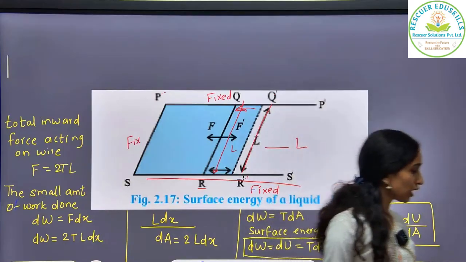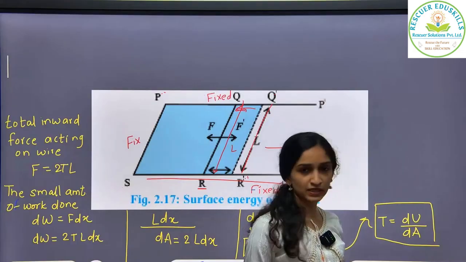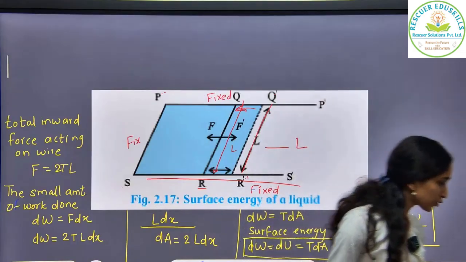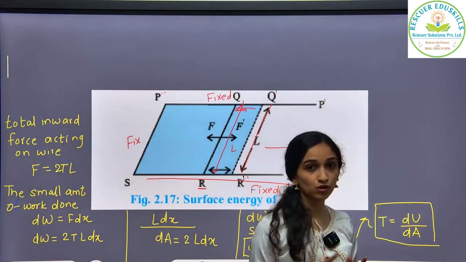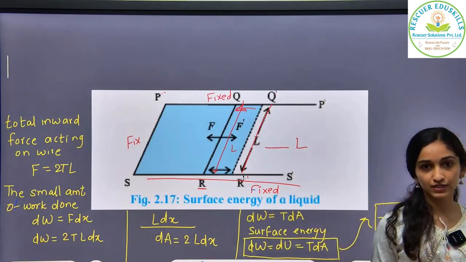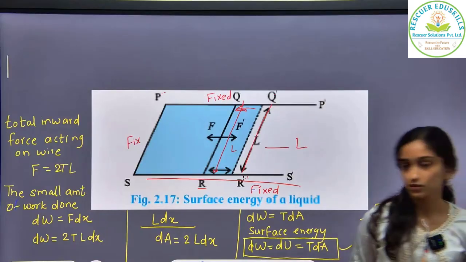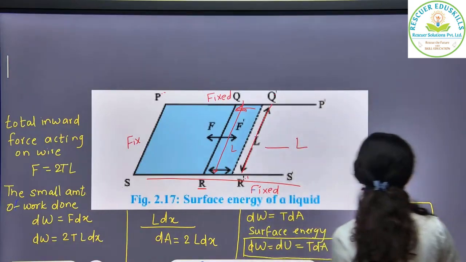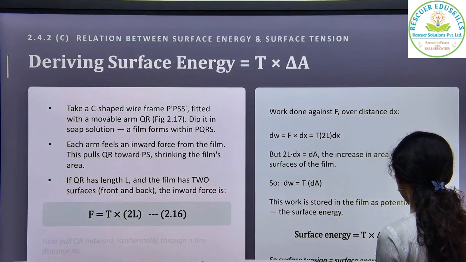Okay. So now initially the bubble is absent, right? As you can see in this question, the bubble is absent initially, so the initial radius will be 0. Okay, and the surface area will also be 0. Now we have to calculate the final radius. Okay.